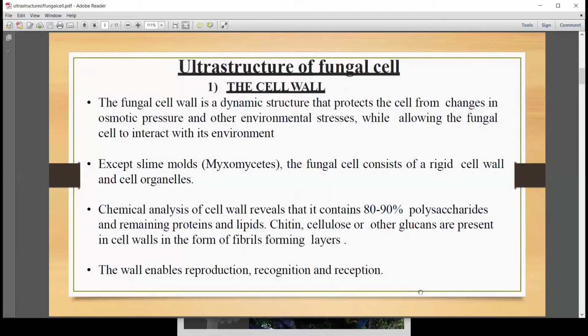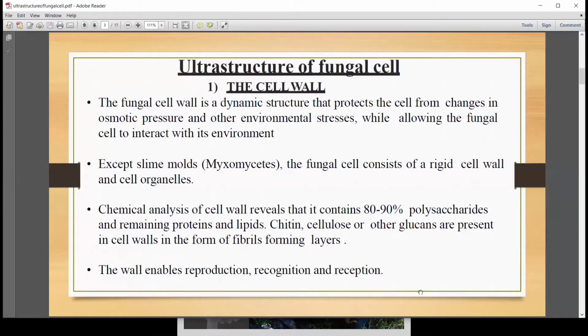Now, the ultrastructure of the fungal cell. So first is the cell wall. As you already know, the cell wall is the outermost part of any cell, used for protection of the cell. The fungal cell wall is a dynamic structure that protects the cell from changes in osmotic pressure and environmental stress while allowing the fungal cell to interact with its environment.